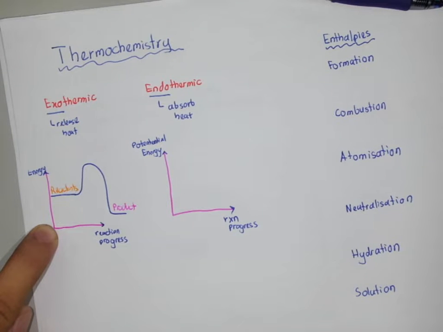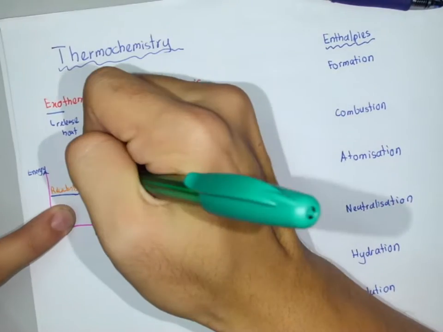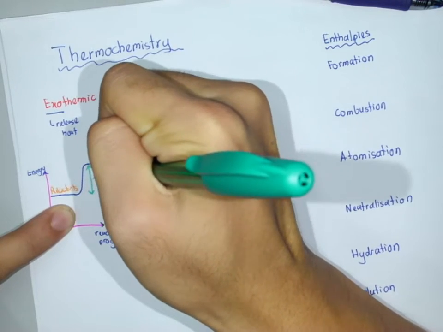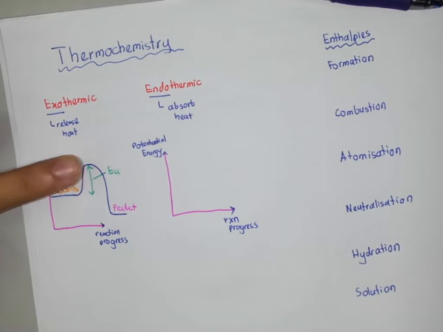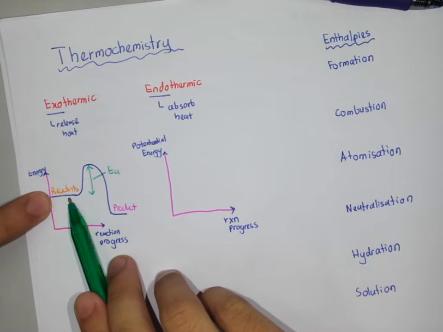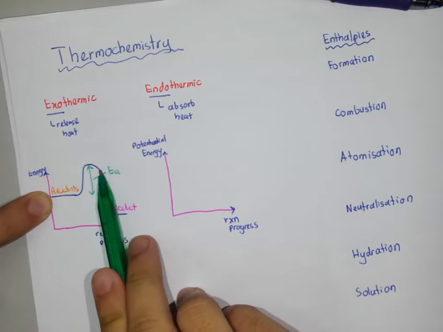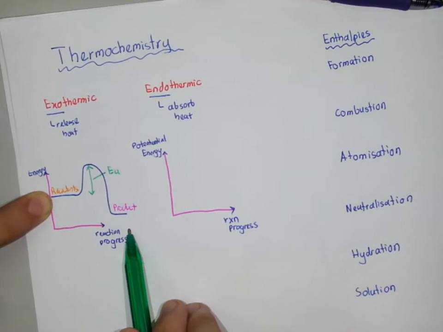So your energy profile diagram, you have to label it up. So apa yang this hill represent? This hill will represent EA. What is EA? EA is activation energy, the minimum energy required for your reactant to become product. It has to have this amount of energy untuk jadi dia punya product lah.